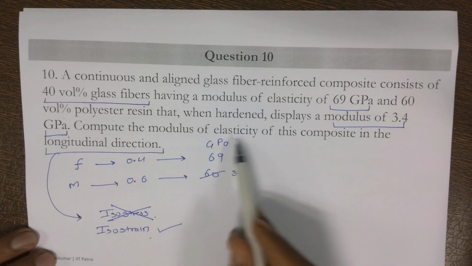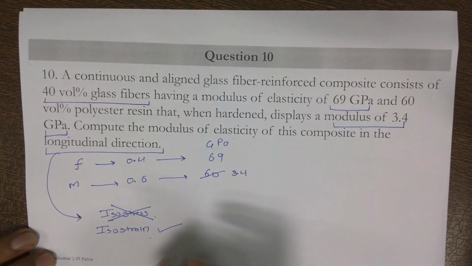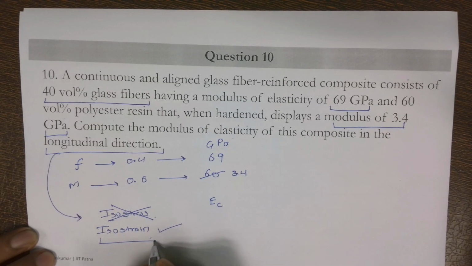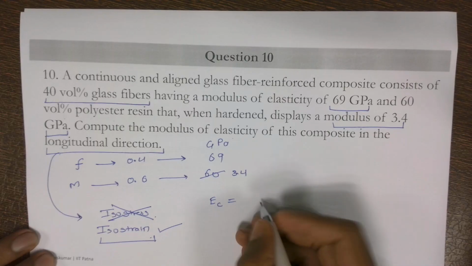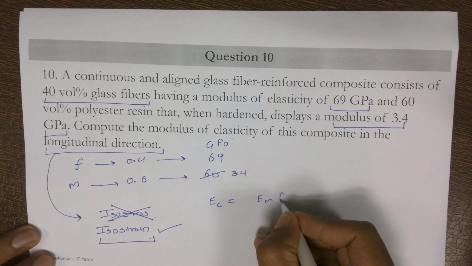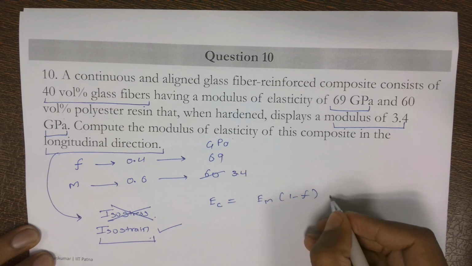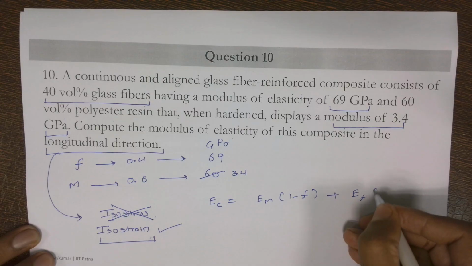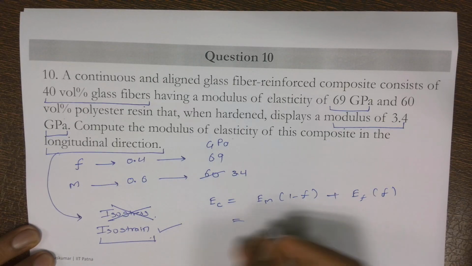We have to find the elasticity of this composite, this EC. Since we know which condition we are in, we will apply that particular formula: modulus of the matrix times 1 minus fraction plus modulus of the fiber times fraction. Okay, so now we can find this.